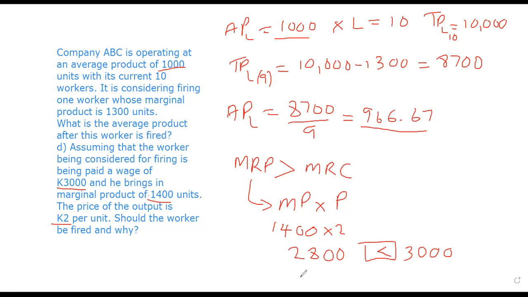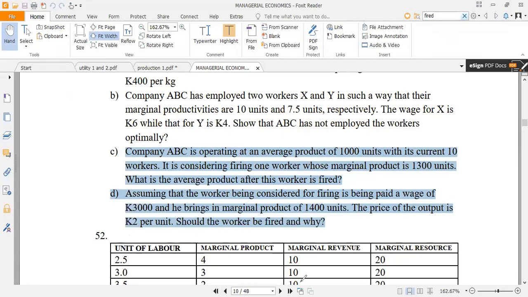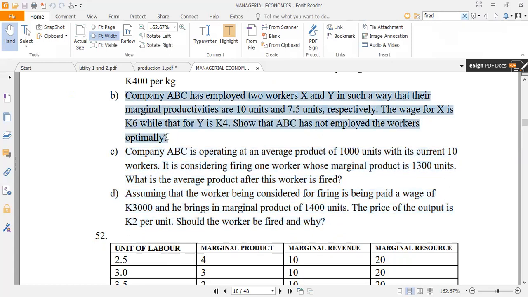Okay, lastly, we have a company that has workers that are employed. And these workers, we want to ascertain whether they're optimally being employed or not.